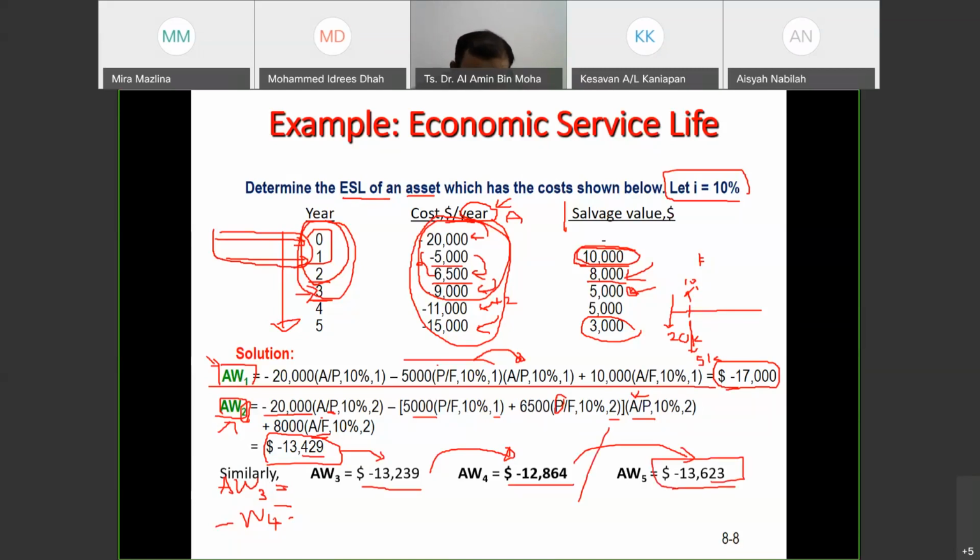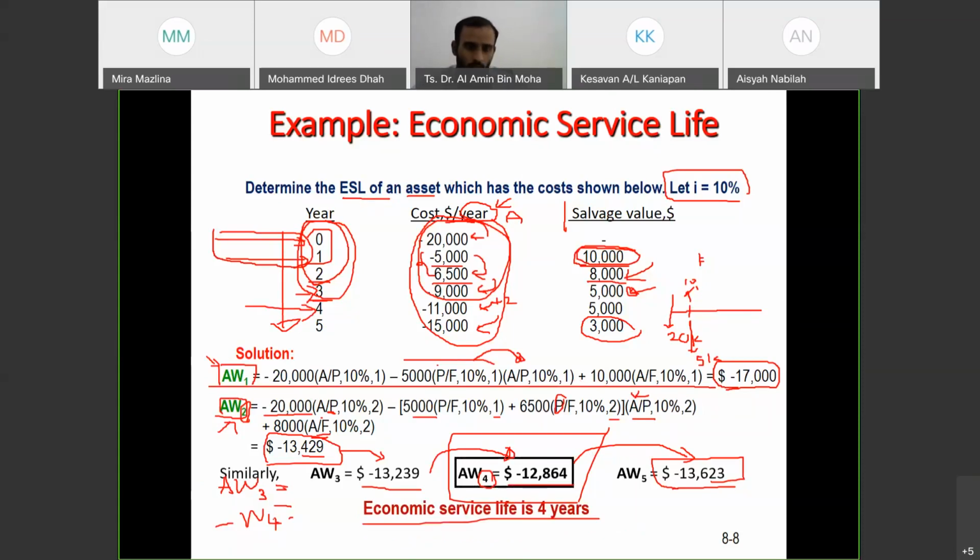We're going to choose the lowest, which means this is the lowest, AW4, year 4. So we can conclude that our economic service life is 4 years. What it means is we are going to replace after year 4.